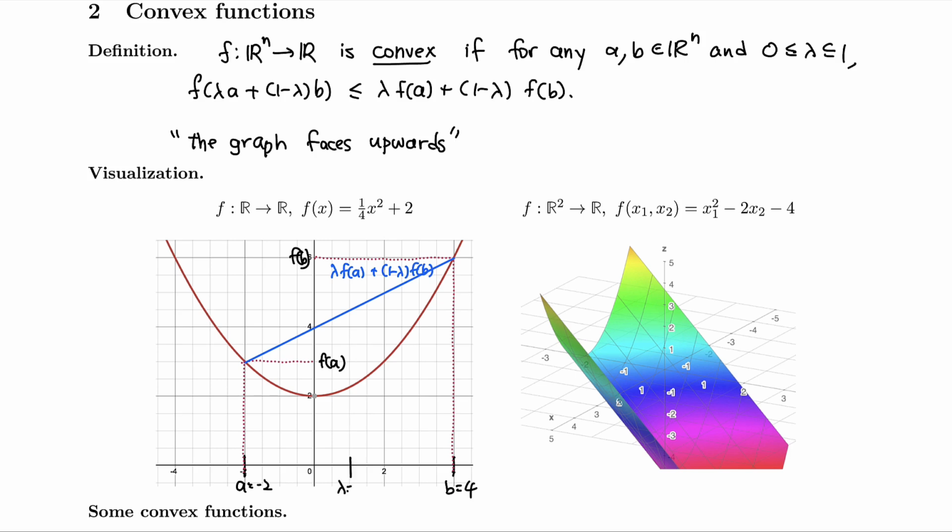If we take lambda to be a half, then the right-hand side will be the midpoint of this line segment. And the left-hand side of the inequality is just the value of the function. The definition tells us that the function must be below the line segment. If this is true for all the points, then it is a convex function.